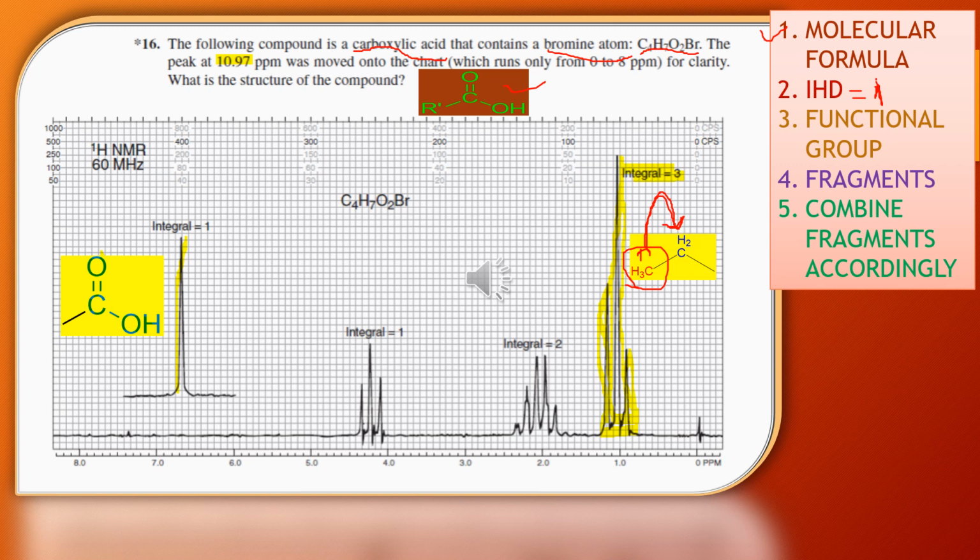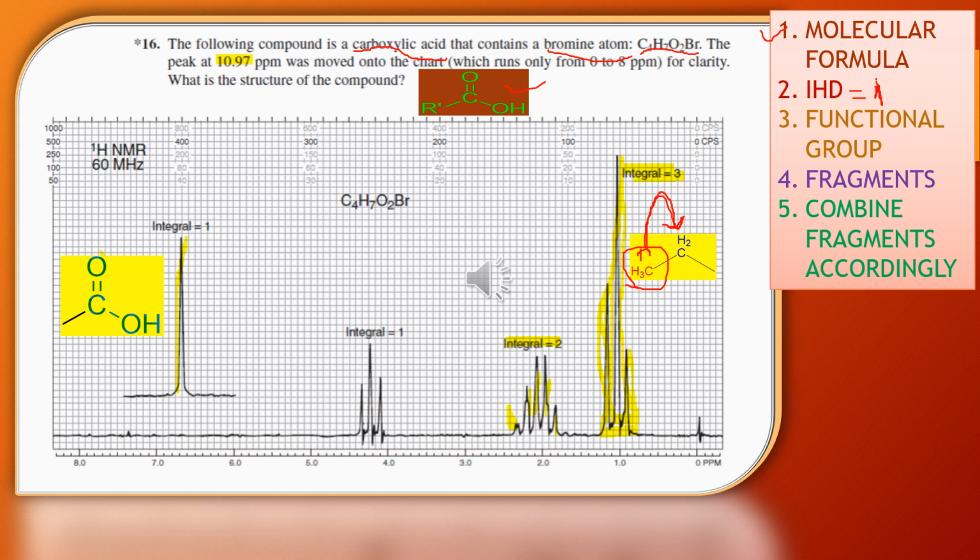Let's solve this one. You can see this is 2 integral, meaning there are 2 hydrogens, and they are splitting into a quintet, right? What is meant by quintet? It means that the neighboring carbons contain four hydrogens.